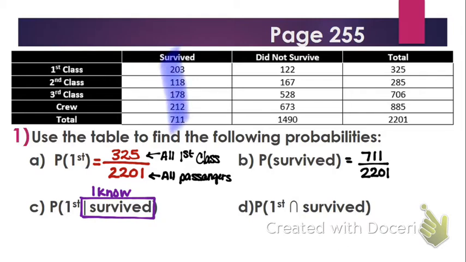All my numbers are coming from here. I'm not looking at the grand total anymore. I'm only looking at the survivors. So help me write this probability now. What should the denominator be? 711. What should the numerator be? 203. This is all survivors.